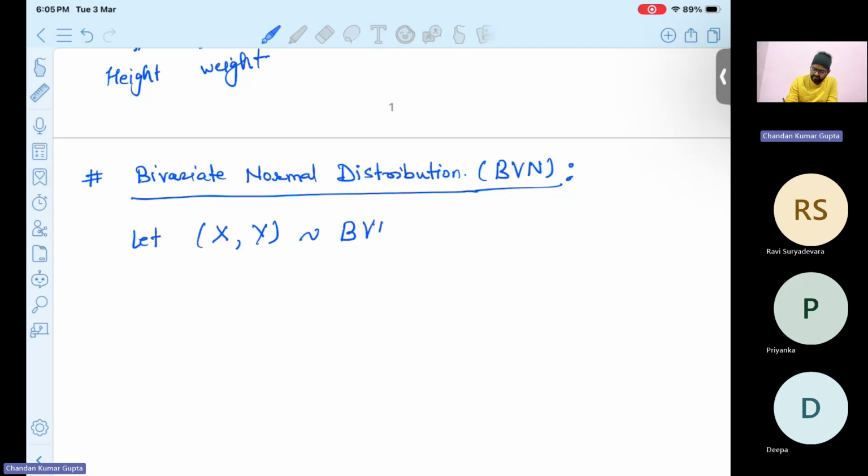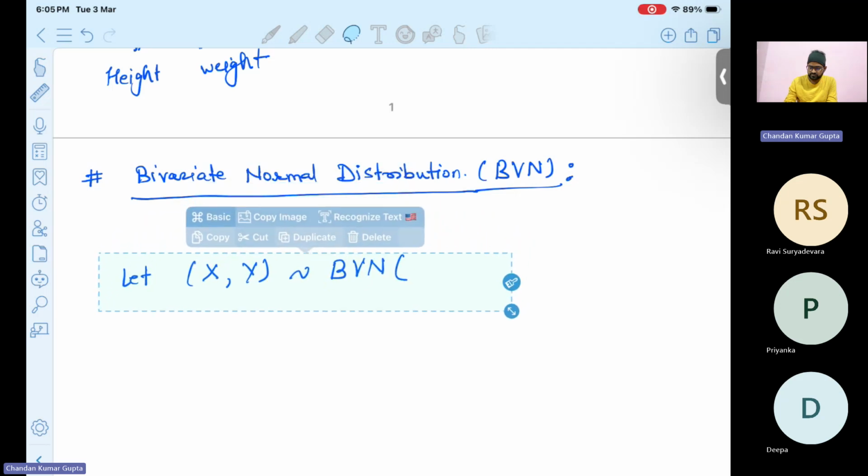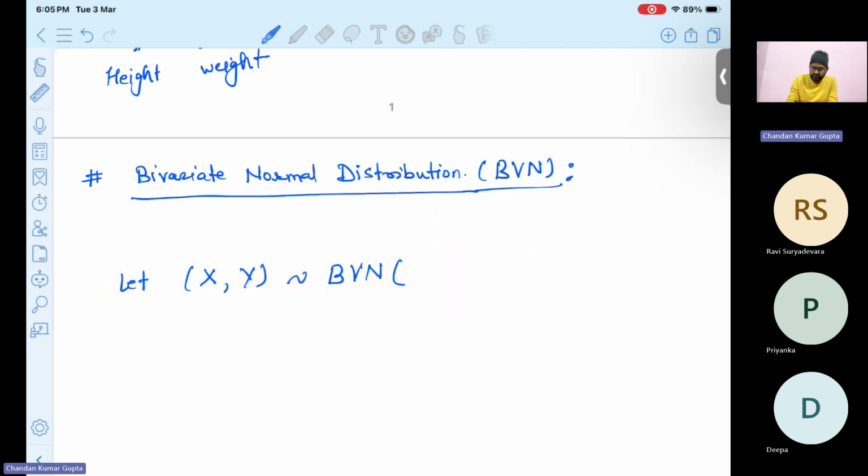follow the bivariate normal distribution with the parameters. If you remember, if X follows normal, it has mu and sigma square, so there are two parameters.